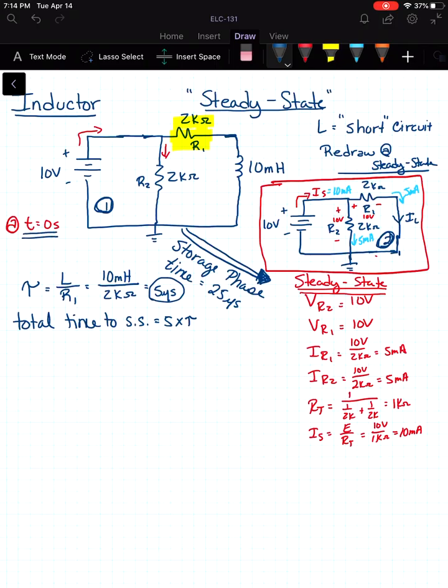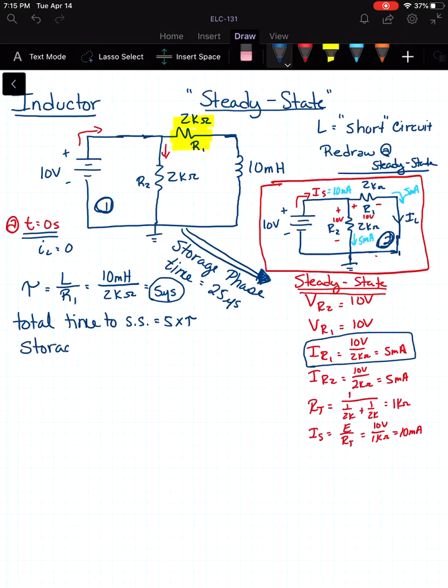So right at t equals 0 seconds, the current through the inductor is actually going to be 0, just for that split second. And then over time, it's going to grow to, I'm sorry, not the I sub S. It's going to grow to be the 5 milliamps that we have here. Okay, but that's going to take some time. So let's kind of map out what's going on with our I sub L.